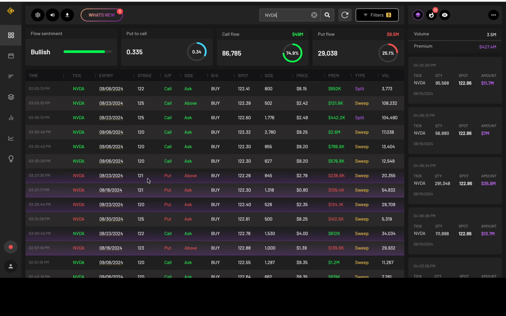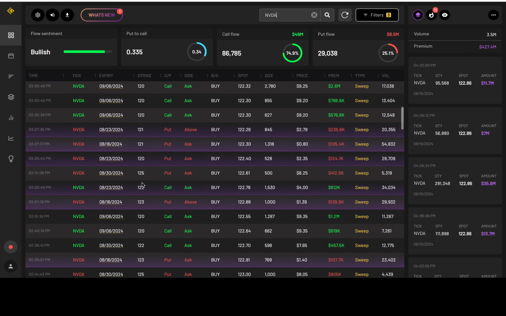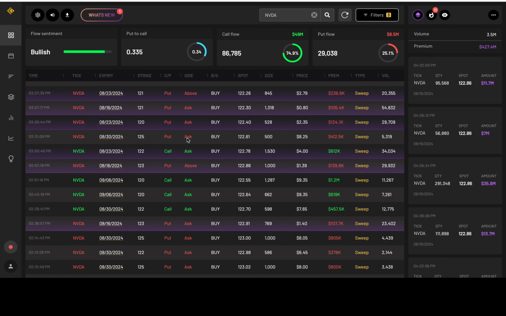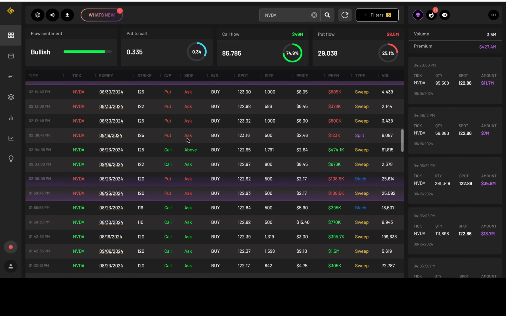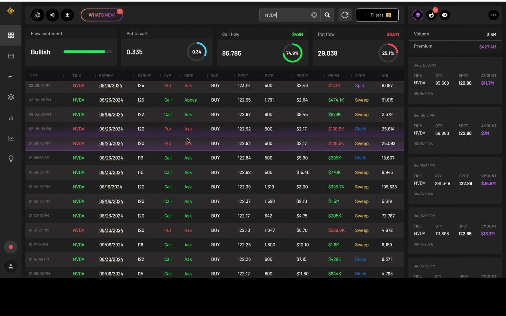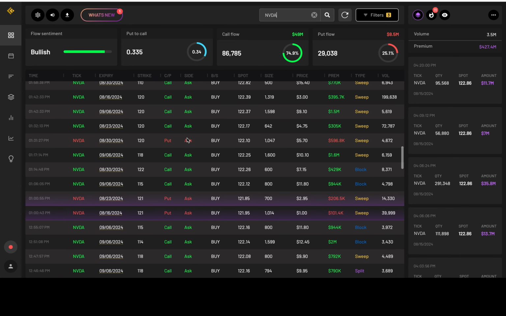We do got some puts. August 23 for 121. 120 strike price for August 23rd. August 30th for 125 strike price. Okay, so it's a bit mixed over here. I'm trying to see if a lot of these calls are already expired.